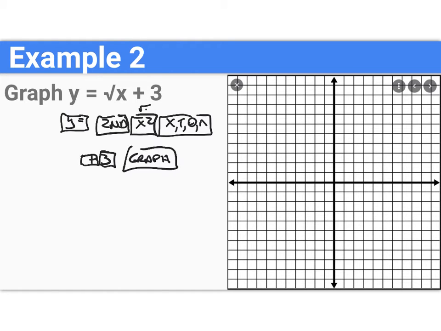Now this plus 3 is going to throw your graph over, just like when something was added to x with rational functions in the previous video.